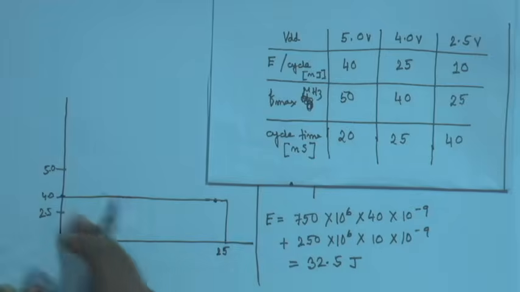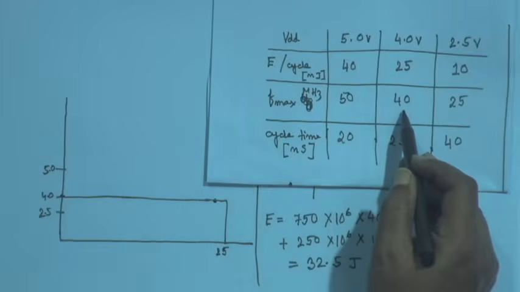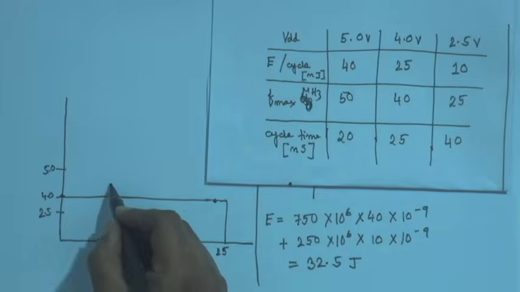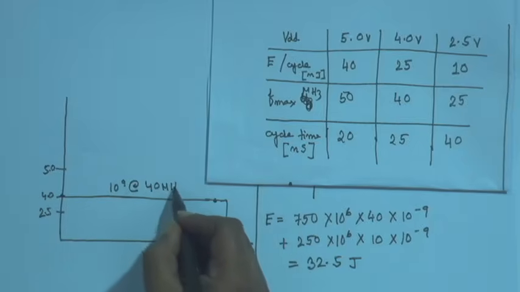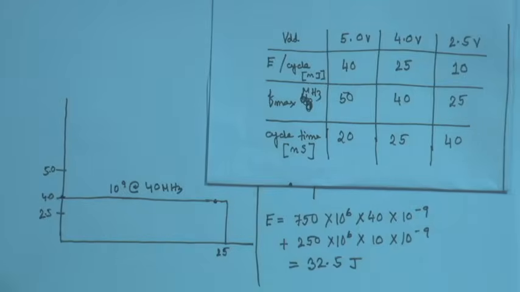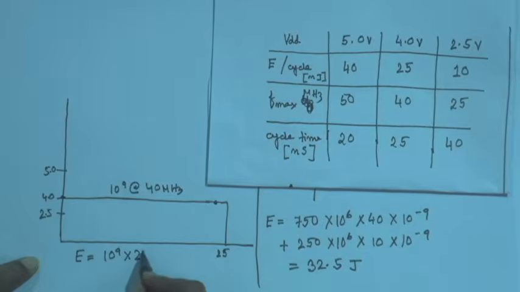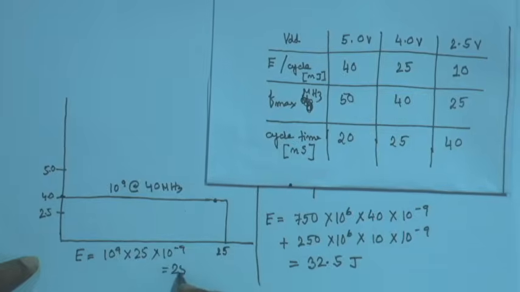Then how many cycles am I expending at 4 volt for 25? 4 volt gives you 40 as the frequency. You need 10 to the power 9 cycles. So, all the 10 to the power 9 cycles at 40 megahertz, right. What will be the energy consumption? Let us compute that again here. It will be 10 to the power 9 times 25 and 10 to the power minus 9. So, that will be 25 joule.